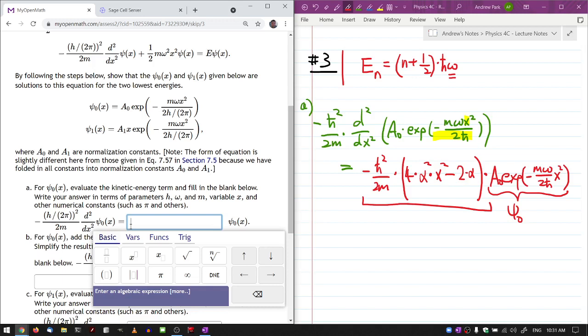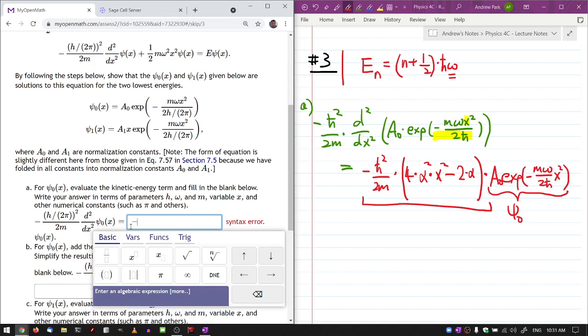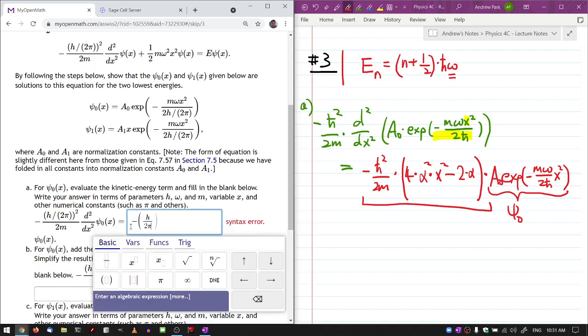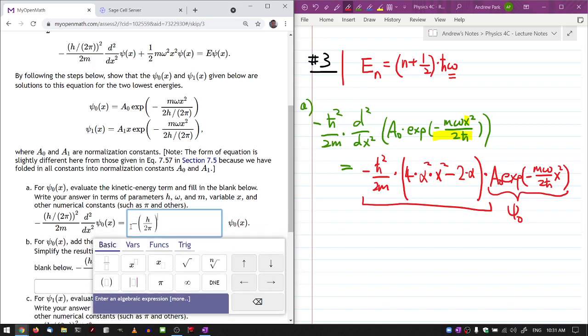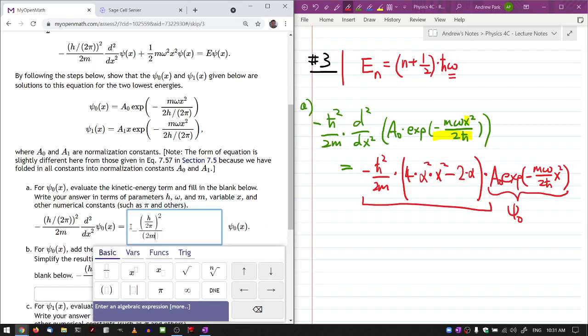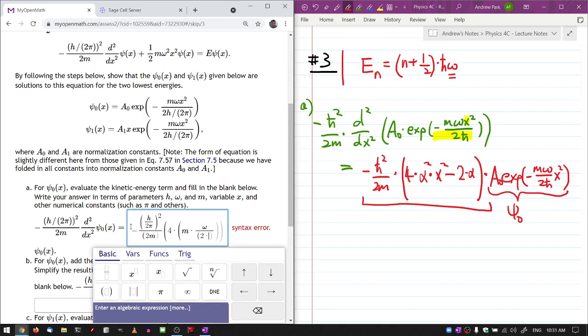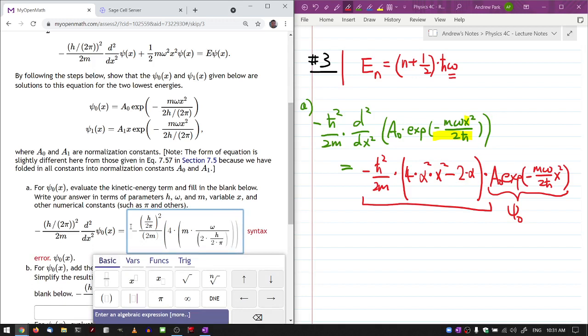So minus h bar, h over 2 pi, squared divided by 2m times, and the rest I'll just write out. 4 times alpha, so instead of alpha it ought to be m times omega divided by 2 times h over 2 pi.